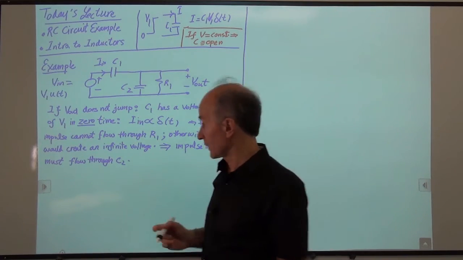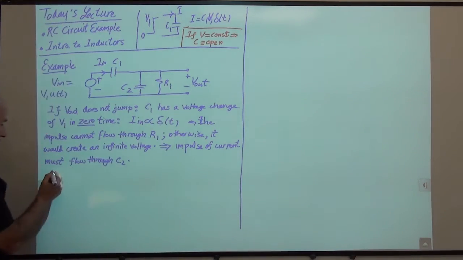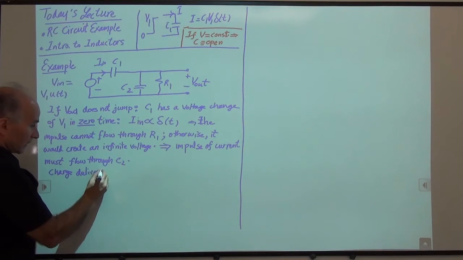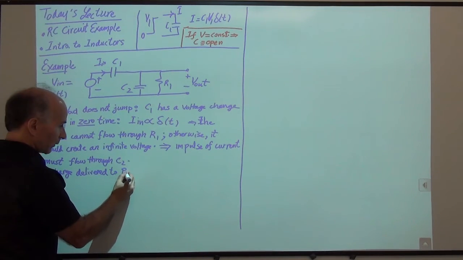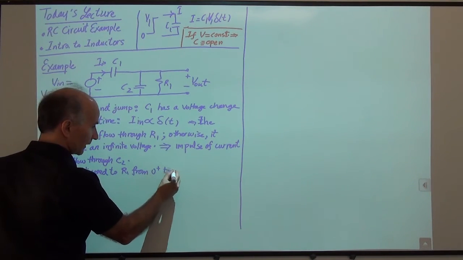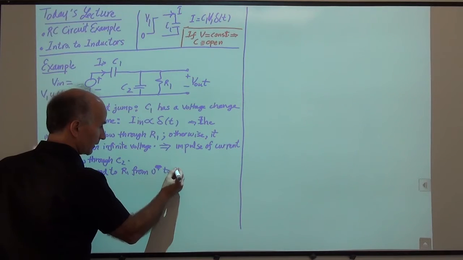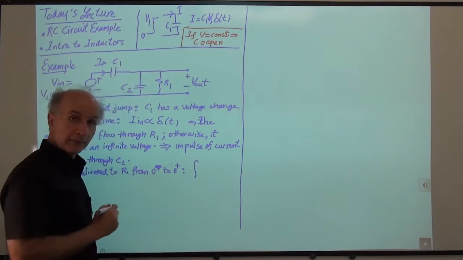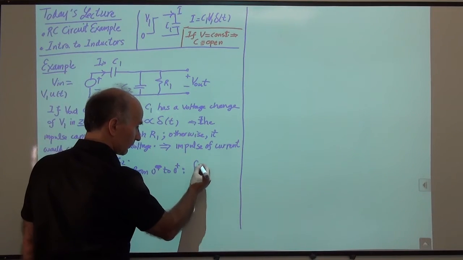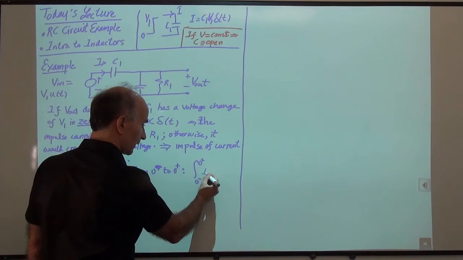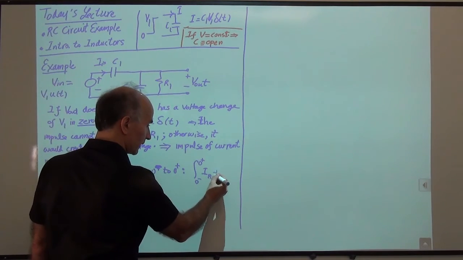Why? Well, let's calculate. So we say charge delivered to R1 from 0 minus to 0 plus. So it's the integral from 0 minus to 0 plus of the current flowing through the resistor, I R1, times dt.